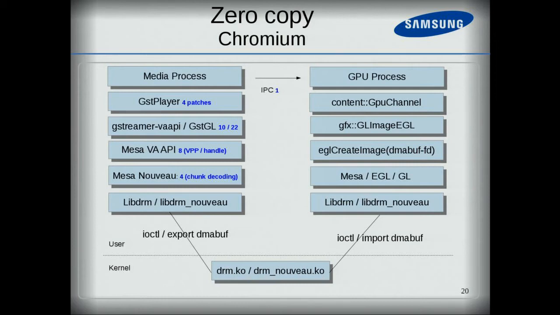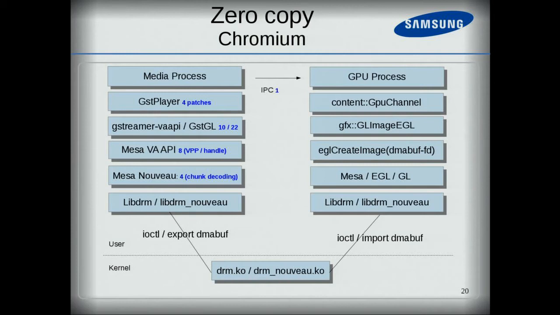But here, the difference is that we use the client-side API, so it's actually forwarded through IPC to the GPU process, so the real EGL create image happens in the GPU process. This IPC was missing. All the GL calls are serialized and forwarded like this, but not all for EGL.